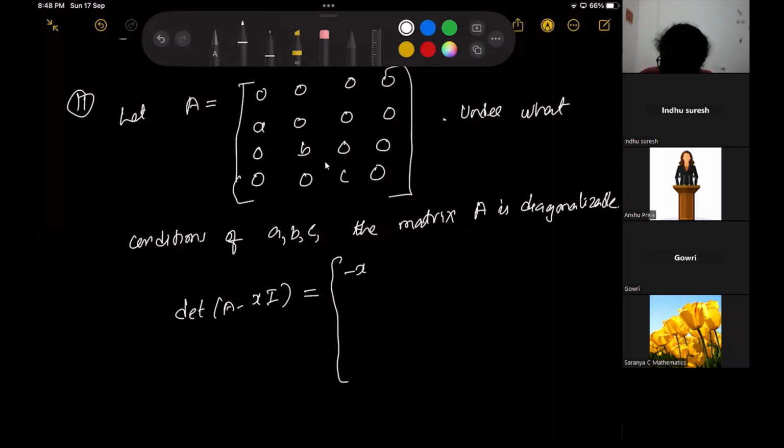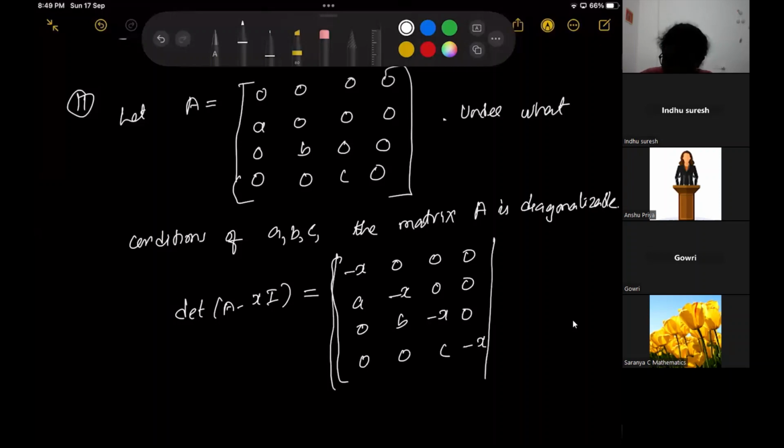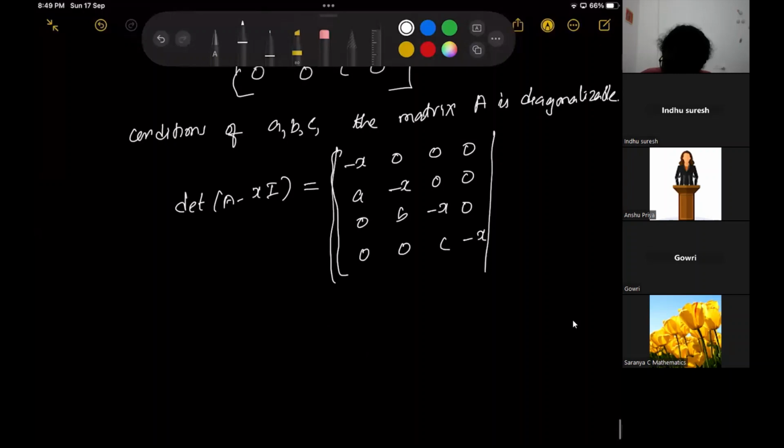Since it is a triangular matrix, to find the determinant we just multiply the diagonal elements.